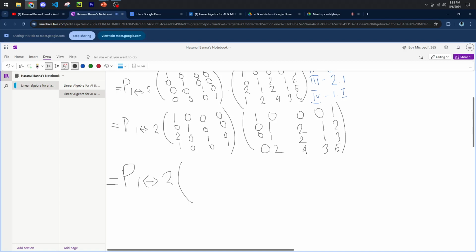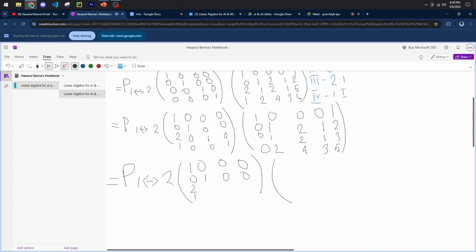Our first row and second row will be the same: 1 0 0 0, 0 1 0 0, and our first column will be the same also.